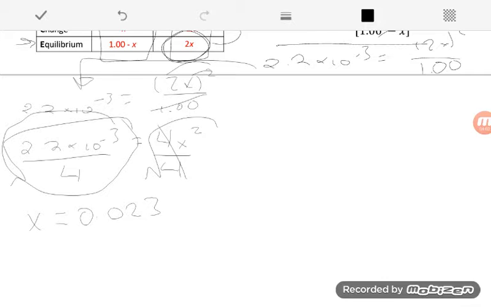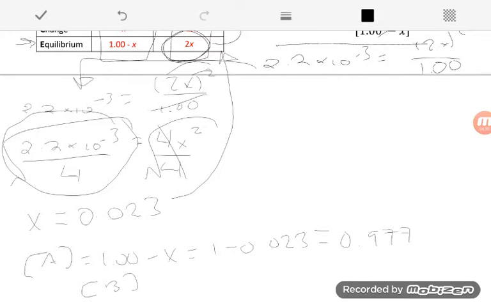And so what I can do is go back and plug this into my equilibrium row. So in this case, A, which was 1 minus x, is going to be equal to 1 minus 0.023, which is going to give me 0.977.